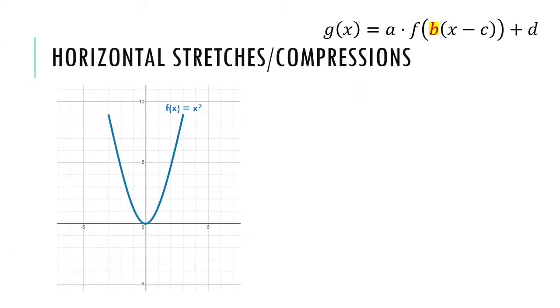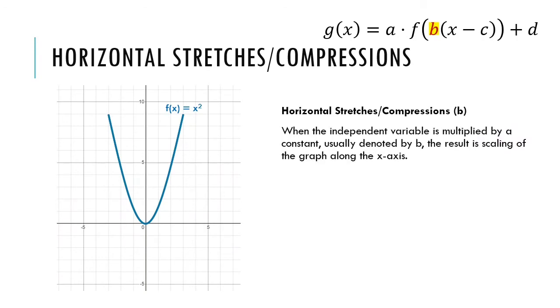Now horizontal stretches and compressions, as denoted by the letter B in the equation above. When the independent variable is multiplied by a constant, usually denoted by B, the result is scaling of the graph along the x-axis. Now this is a little bit flip-flopped with the vertical stretch and compression. When B is a small number, and when I say small number I mean between 0 and 1, the graph is actually stretched horizontally.